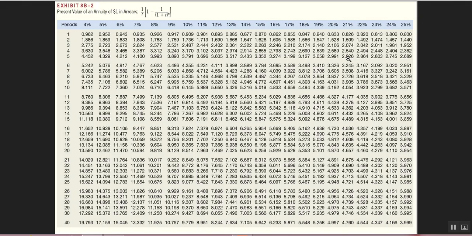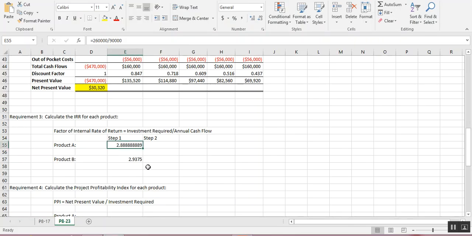So it's somewhere between 21 and 22%. We're not interested in splitting frog hairs here, so we're not going to calculate it exactly. So since it's between the two, we're just going to call it 21.5%. So over here, our internal rate of return is 21.5% for product A.